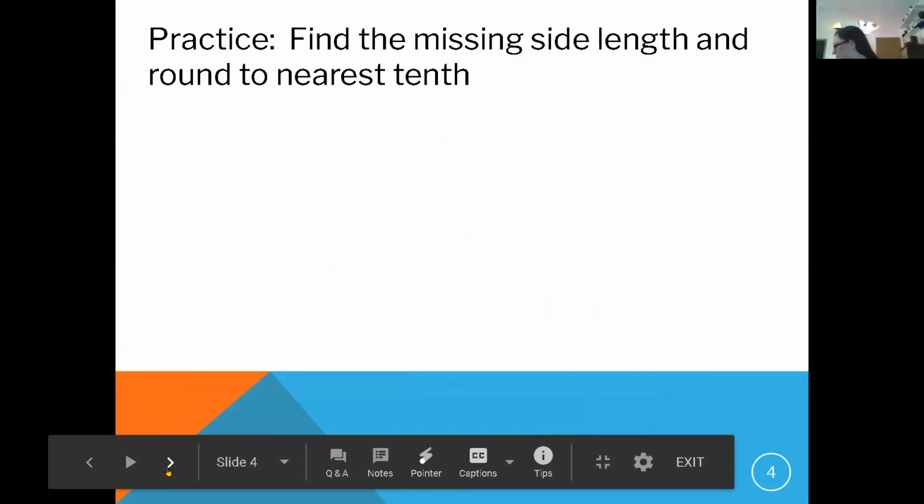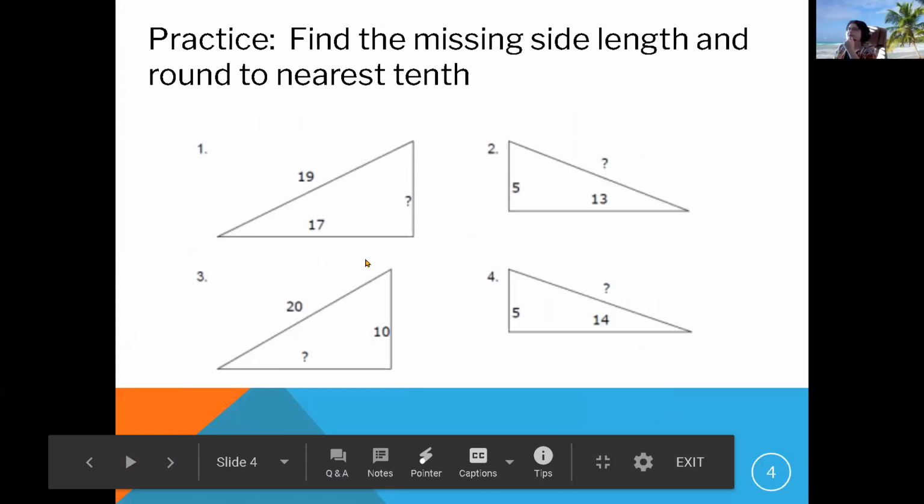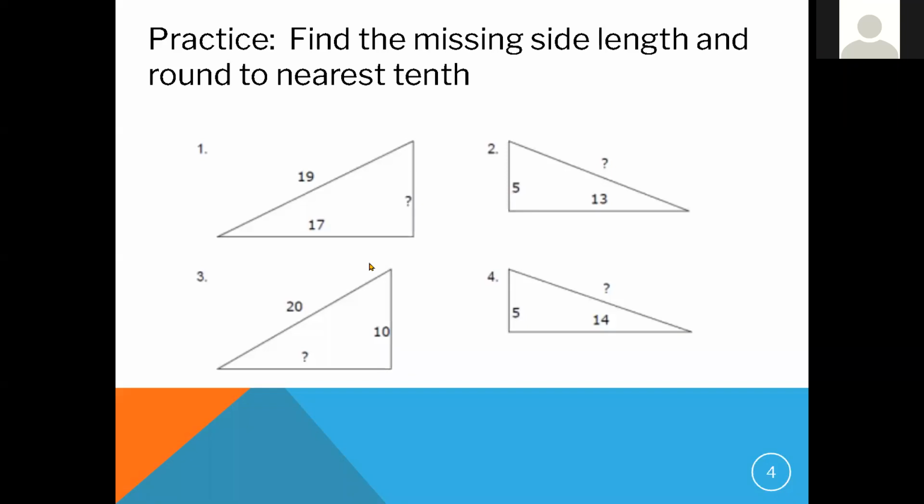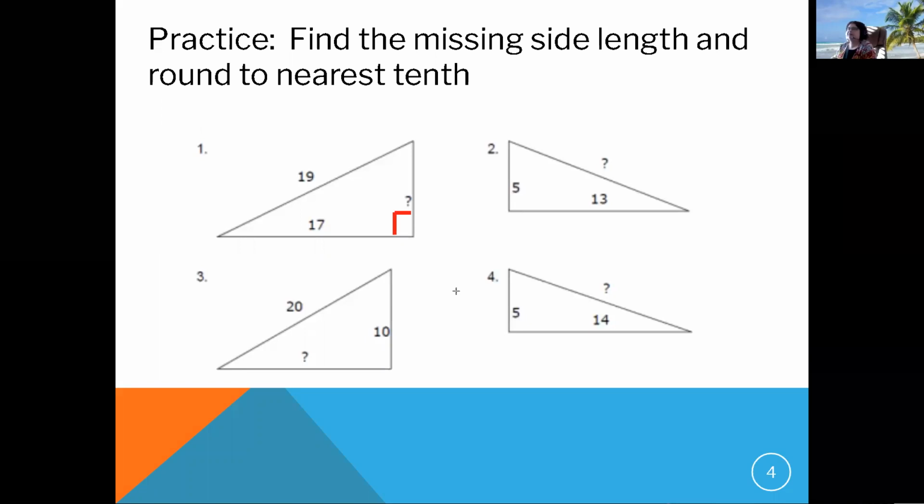So I have 4 questions here. Now, remember, I'm going to draw where the right angle is really quick, and then from there we are going to label our sides. So here's a right angle. Remember, A and B are the 2 sides that make the right angle.